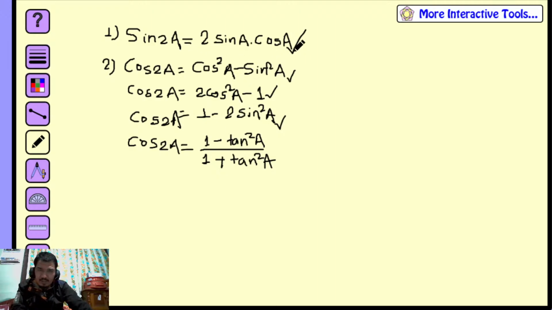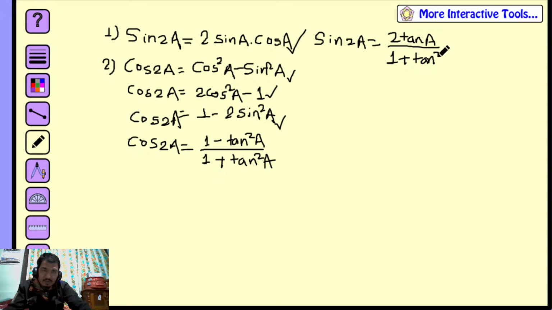And there is also sine 2A in terms of tan A, right? We have to write like this: sine 2A in terms of tan A. In such a condition, we have to write 2 tan A up, and down there will be 1 plus tan square A. Write here 1 plus tan square A, okay, children?